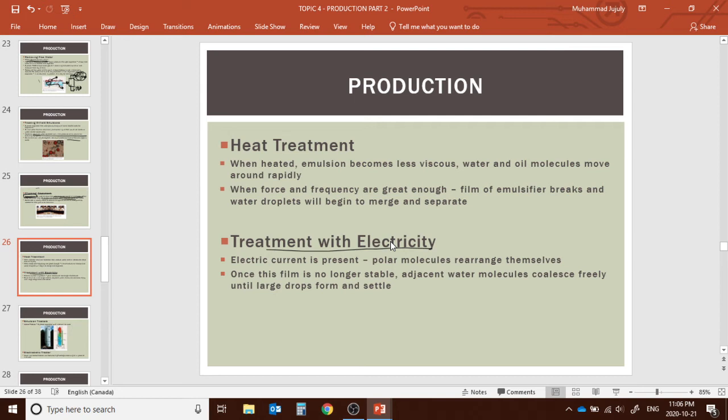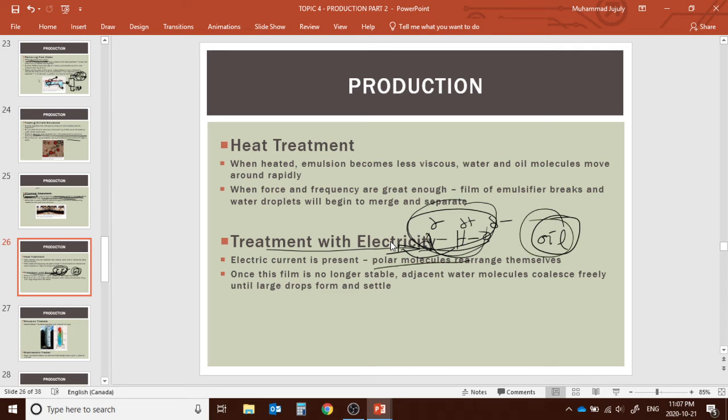Water is polar, like a dipole, so it has positive and negative charges, right? But the oil is not polar at all. So if you use static electricity, it's more efficient to remove the water particles from the oil.